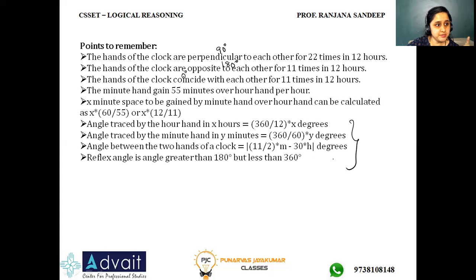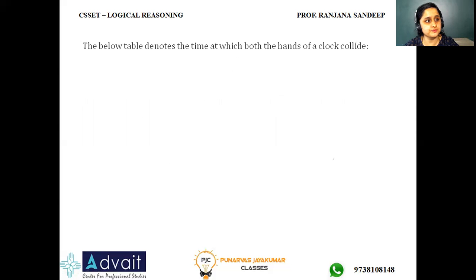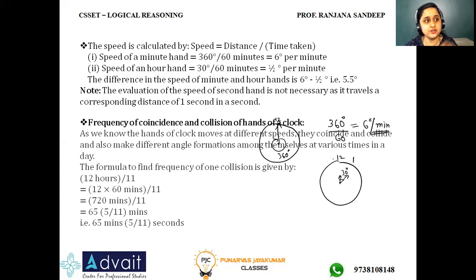The angle traced by the minute hand in y minutes is equal to 360 degrees by 60 into y. Here we are using the speed concept. So when I say minute, the multiplying factor is 360 by 60.